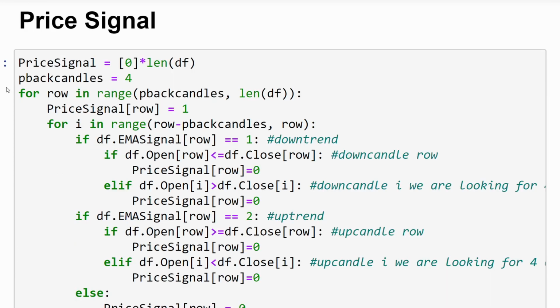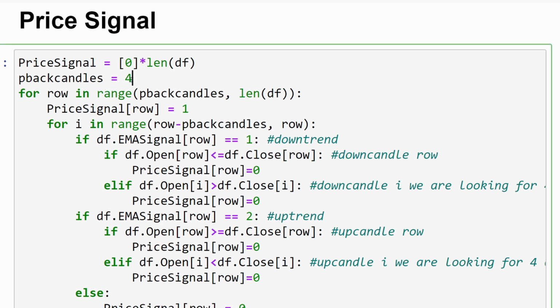Then we have the price signal. We're looking for 4 different candles that are going in the opposite direction of the trend, and this is done in this particular cell here. I also left this P back candles as a variable for us to change. If you want tighter or more strict signaling, you can increase this to 5 or 6.